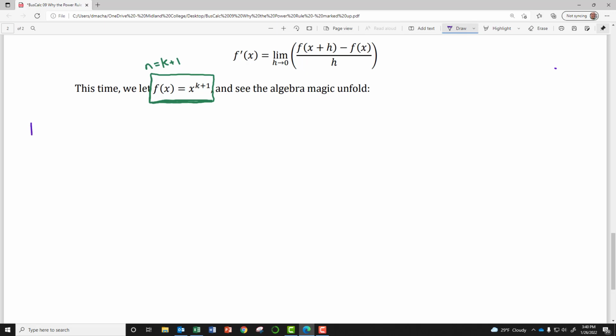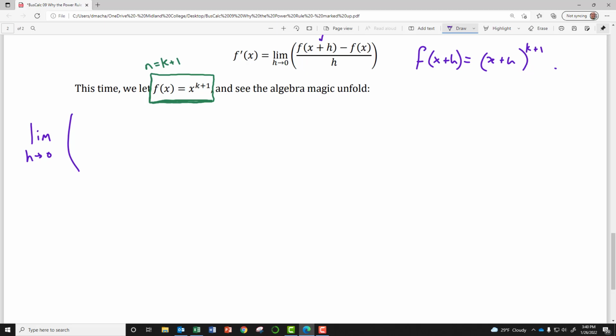We're going to write the limit as h approaches 0 of, and if this is my function f of x, then my function f of x plus h as an input is going to be x plus h to the power k plus 1.